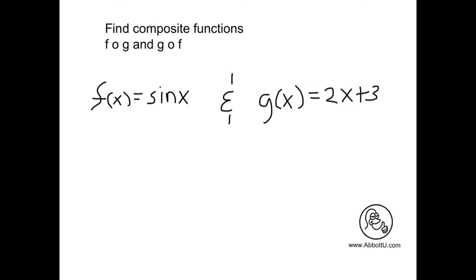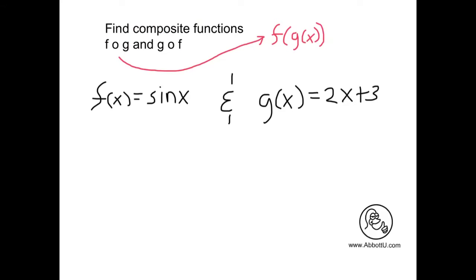So the first problem is to find the composite functions f of g and g of f. Now, in the actual review guide, this O-shaped symbol is a little bit smaller, but it's important to understand that this f-o-g looking thing is sometimes written like this.